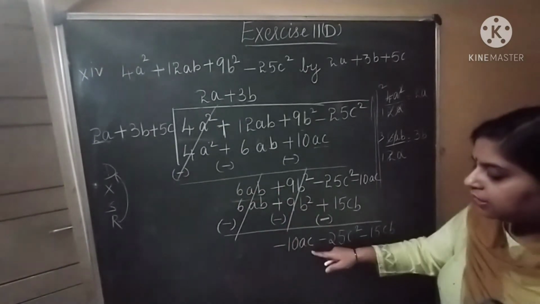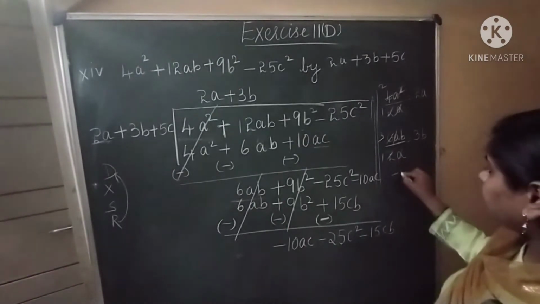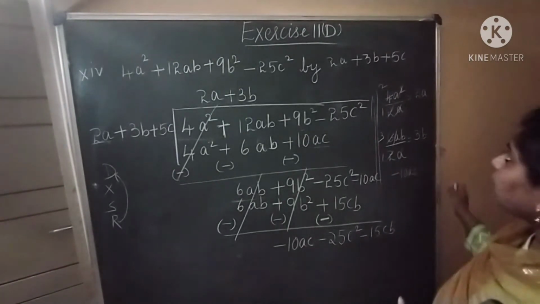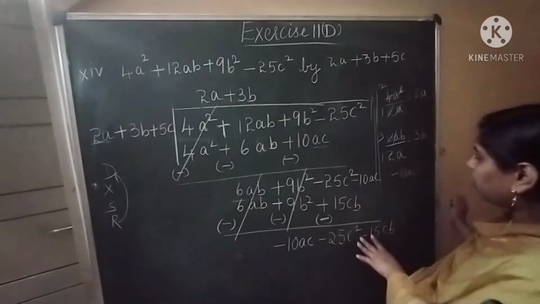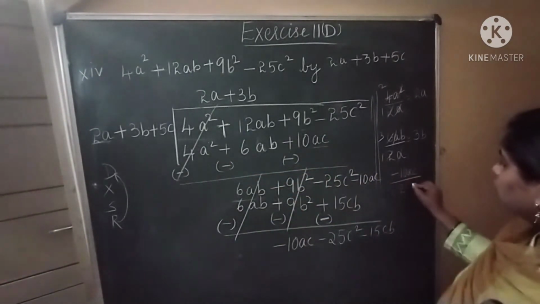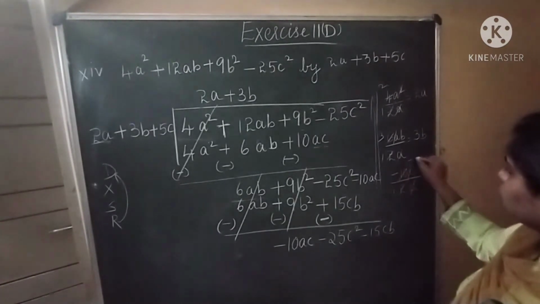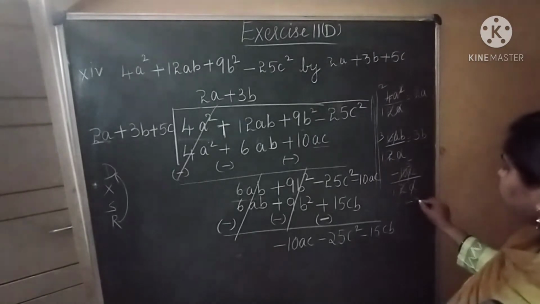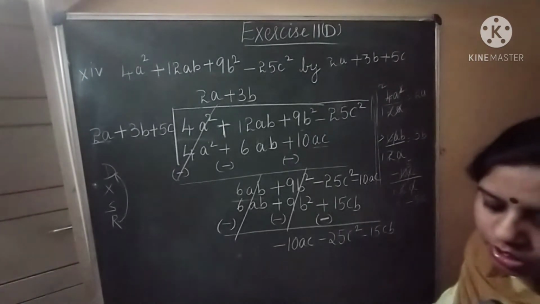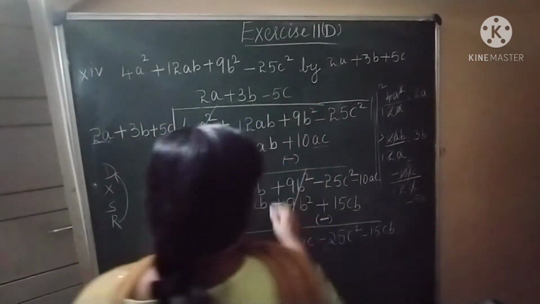So the first term of the new dividend, that is the remainder, is, I will show the working here, minus 10ac. Divide by the first term of the divisor, that is 2a. So here a will get cancelled. 2 1s are 2, 2 5s are 10. So you remain with minus 5c. So the quotient you get is minus 5c.